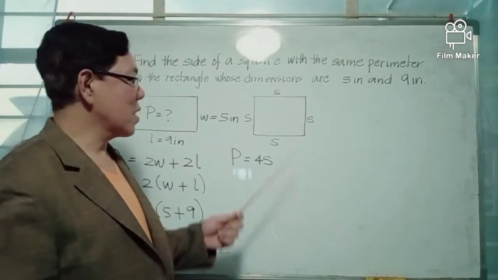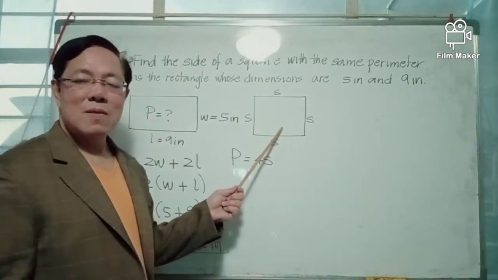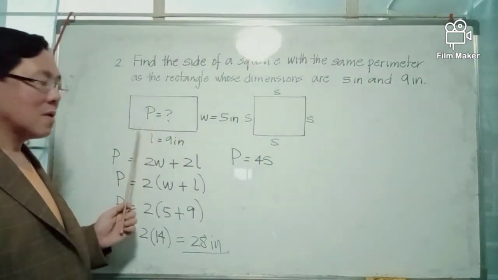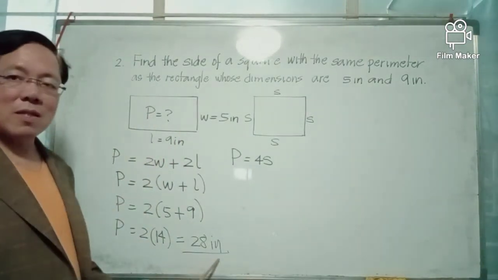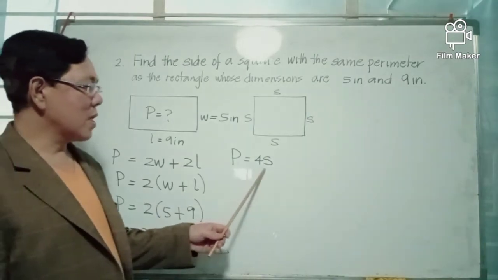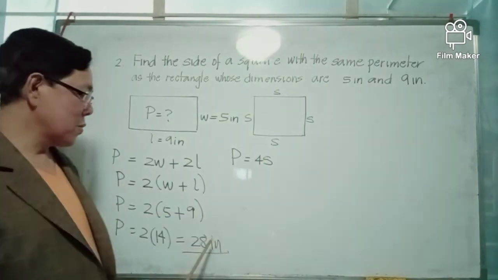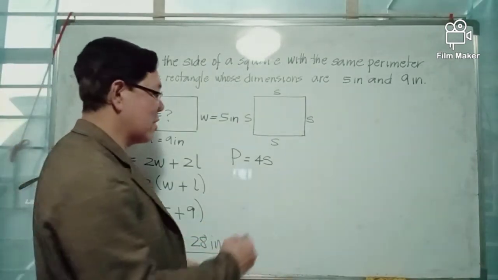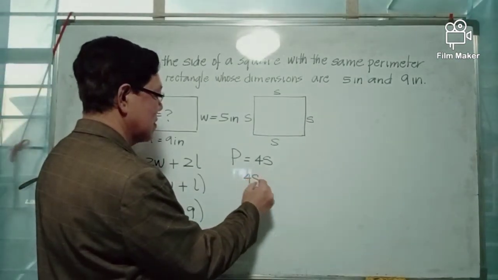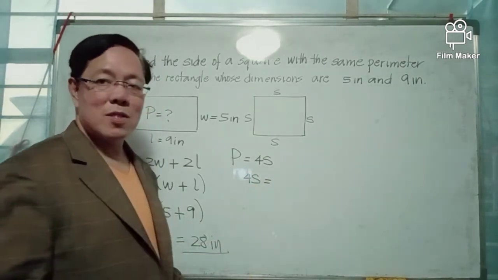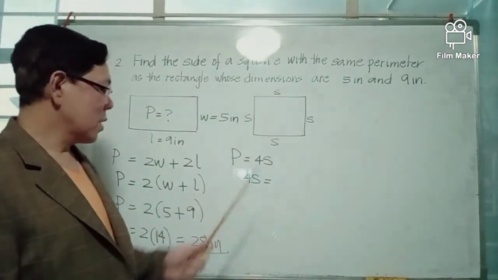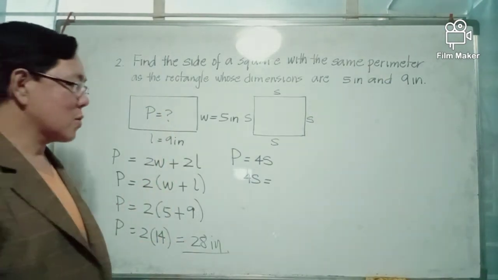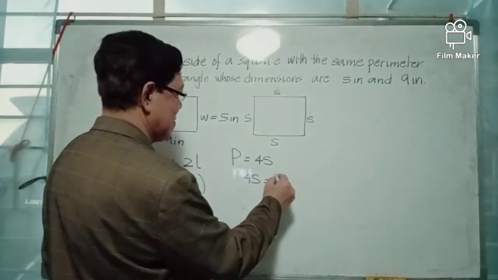Since we want a square with perimeter equal to the perimeter of this rectangle, which is equal to 28 inches, we equate the perimeter of this square to 28 inches. Perimeter of the square is 4S. And we want a square with the same perimeter as this rectangle, which is equal to 28 inches.